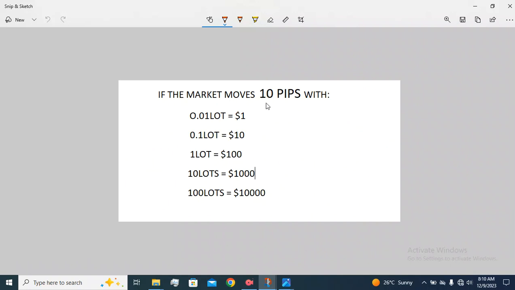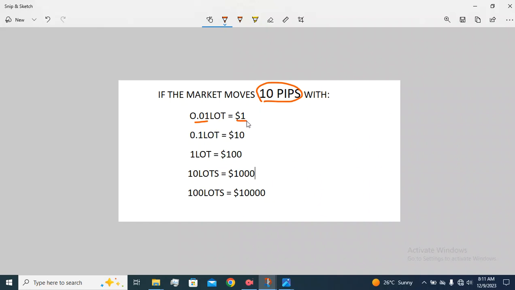If the market moves 10 pips as shown here, only 10 pips, when you use a lot size of 0.01, you win $1.